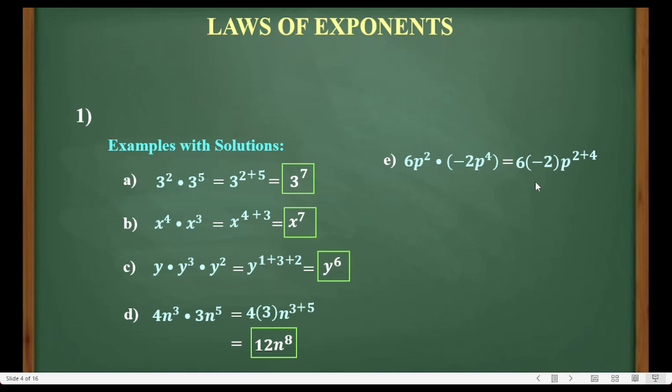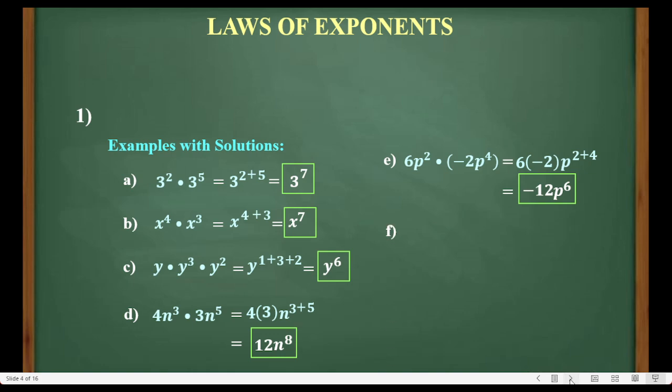If we simplify this further, 6 times negative 2, since we are multiplying two numbers of different signs, the product is negative. Multiply their absolute values, 6 times 2, that is 12, so negative 12. Then p raised to 2 plus 4 is p to the 6th. So the answer to letter E is negative 12p to the 6th.